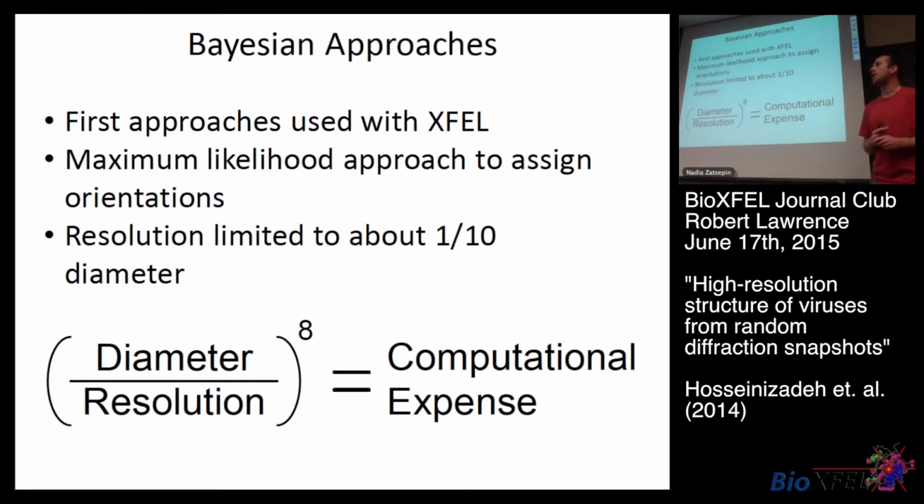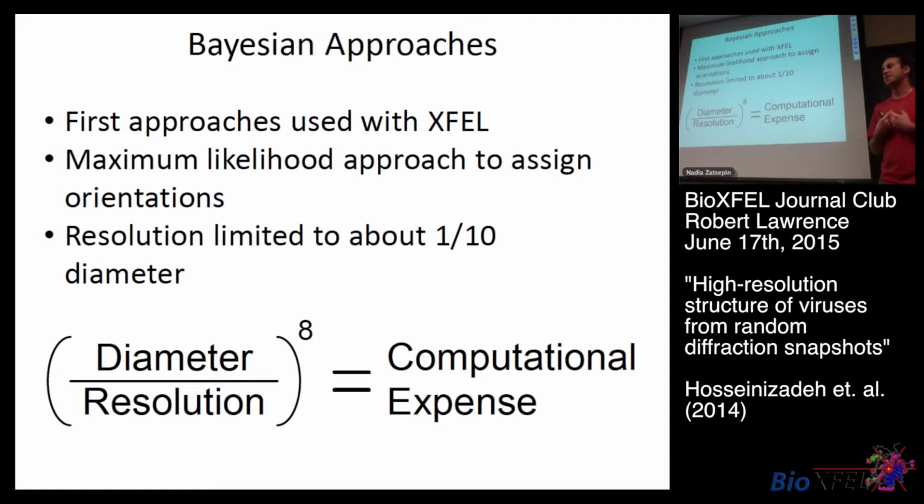So traditionally, Bayesian approaches have been used for processing single particle data. I'm not sure if I'm pronouncing that right. Bayesian, thanks Nadia. Bayesian approaches. These are some of the first approaches we've used, and it's a maximum likelihood approach.